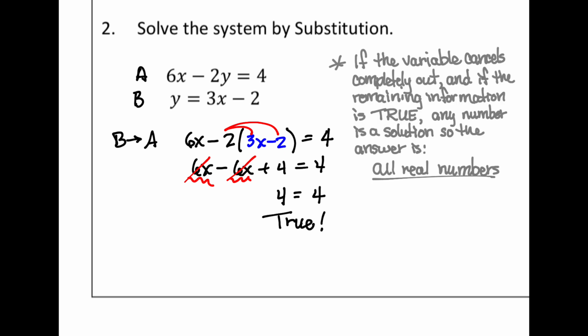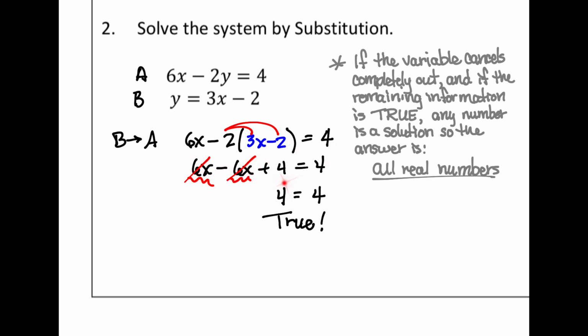Okay, so if the variable cancels completely out and the remaining information is true, then any number is a solution. Remember, all real numbers. Anything I put in here, because I put in 92 and I put in a 92, they will eventually cancel out.